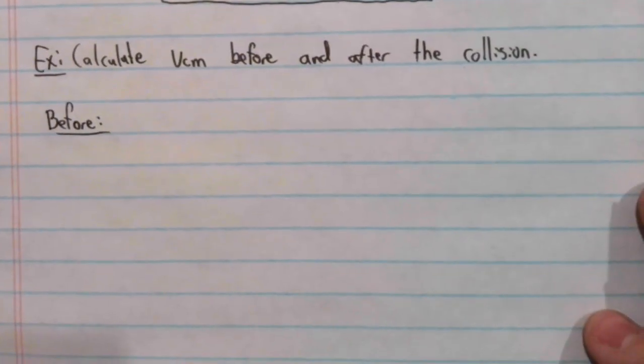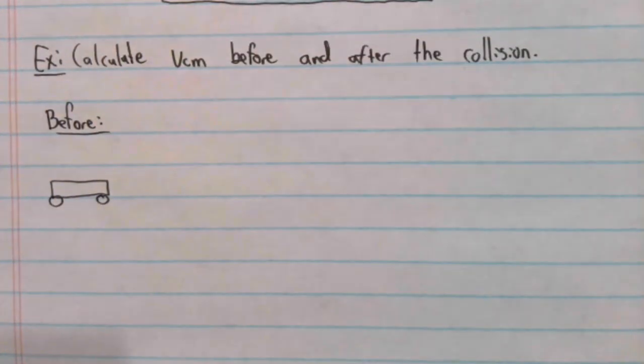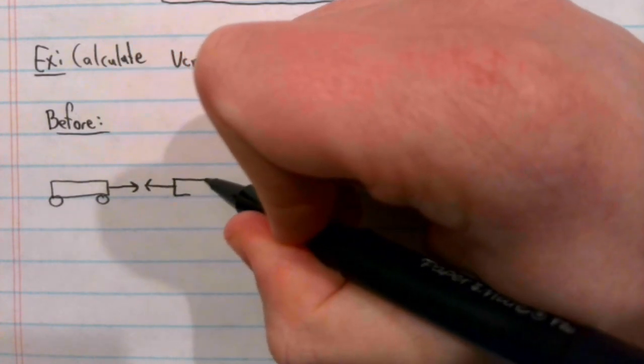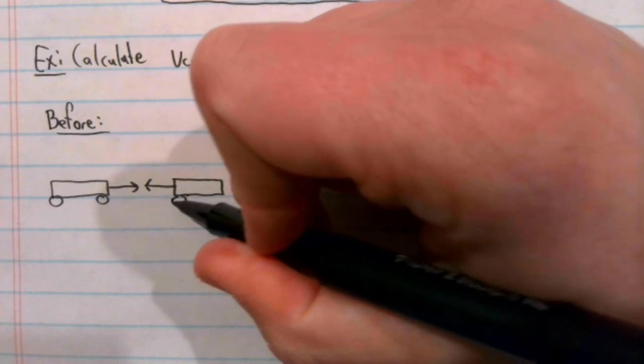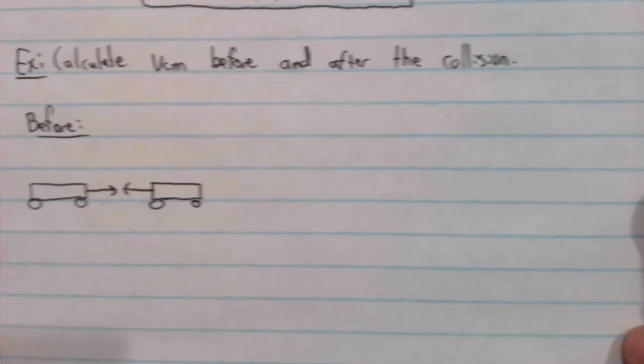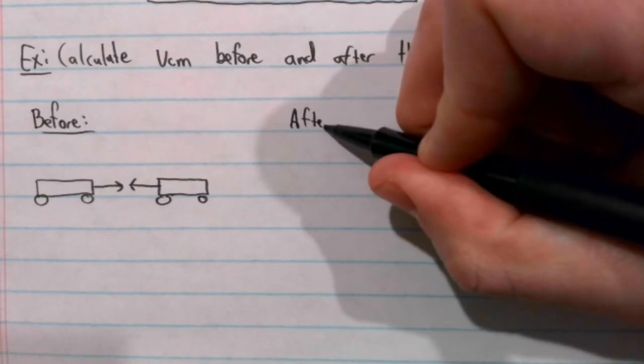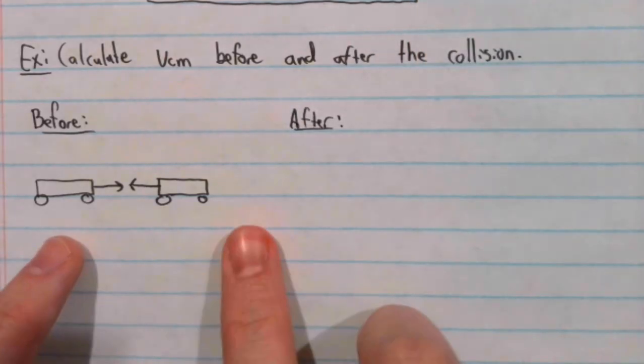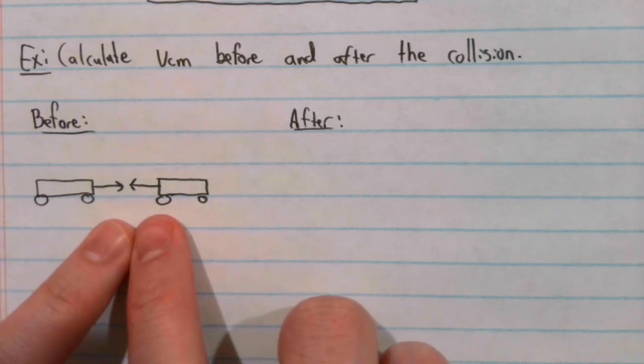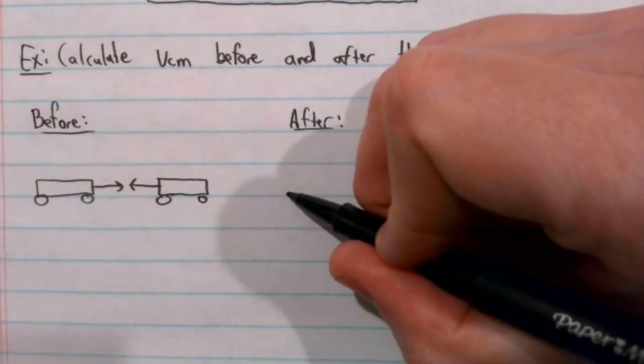But we're not going to verify that. We're just going to verify the velocity of center of mass is conserved. So we've done our before picture. In a moment, I'll draw the after picture. So these 2 carts are moving toward one another. They collide, and they move in opposite directions.